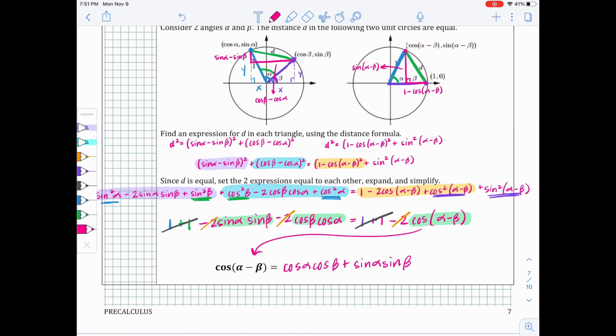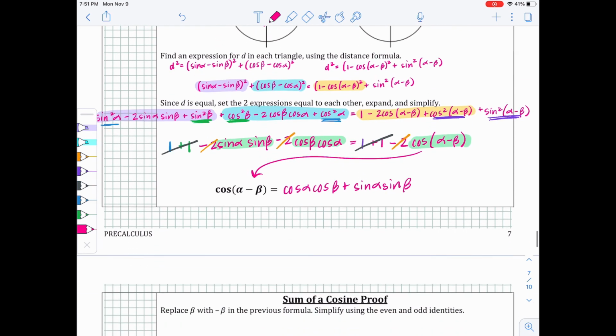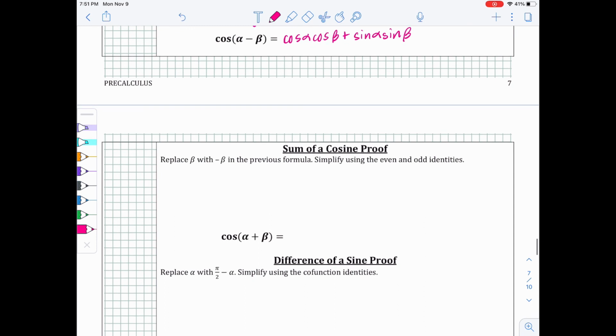So now we have the subtraction formula for cosine proven. And off of that, we're going to be able to prove the other three.